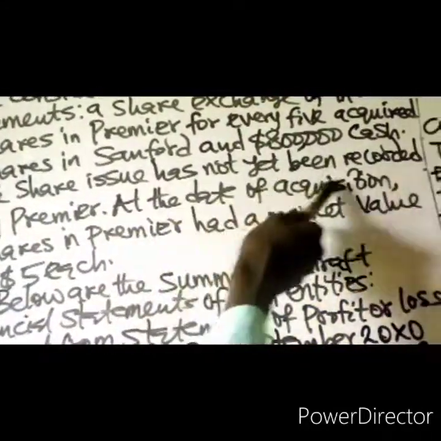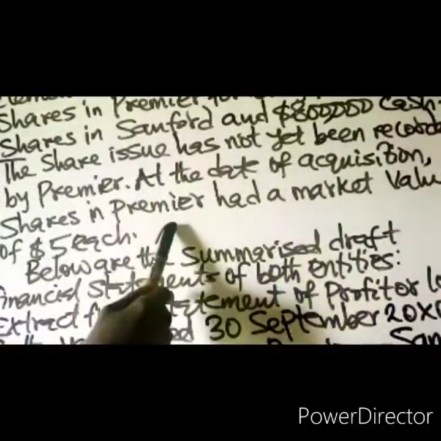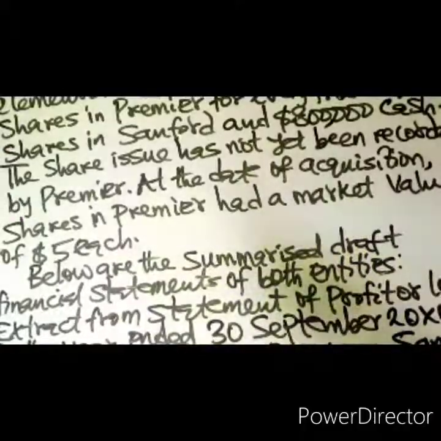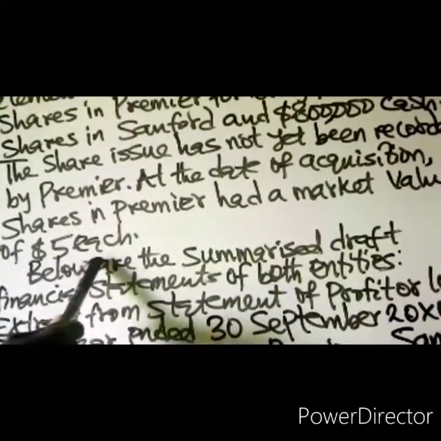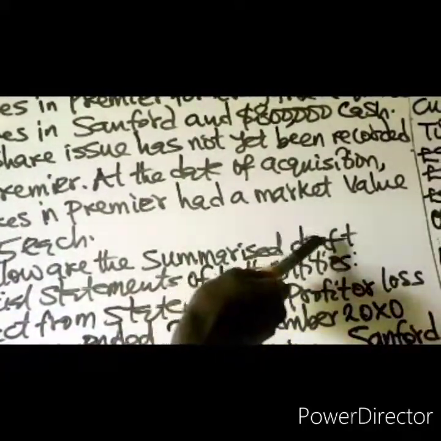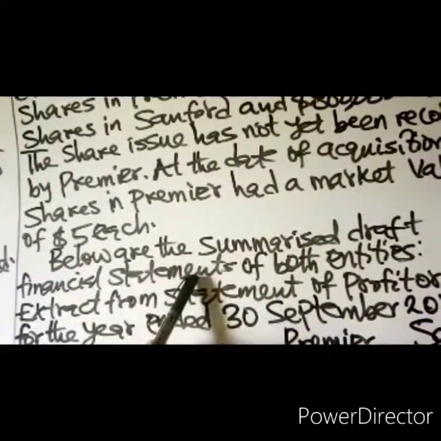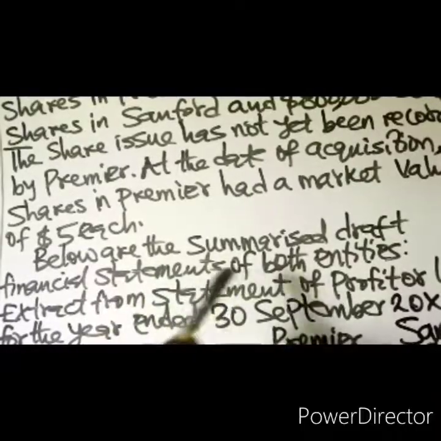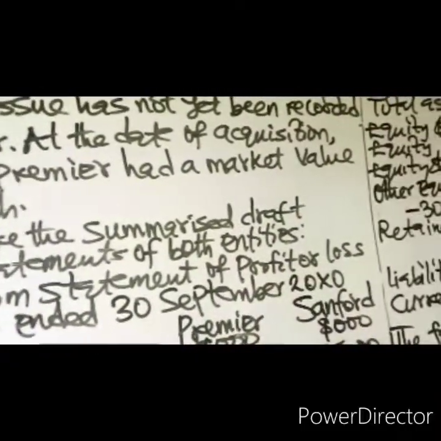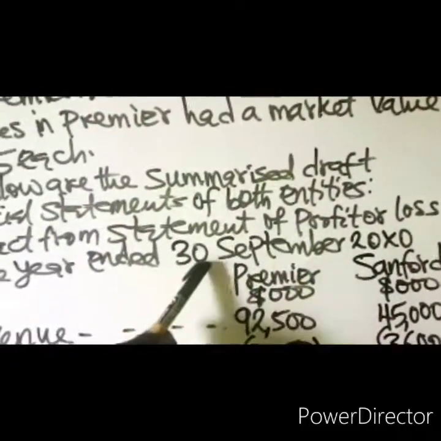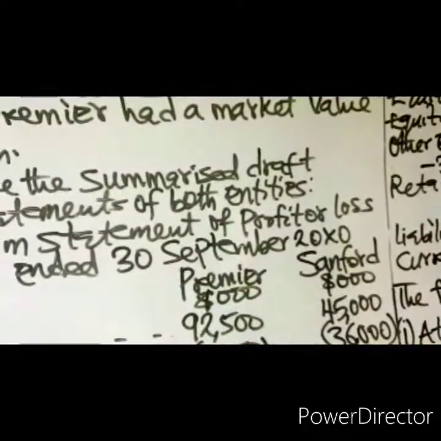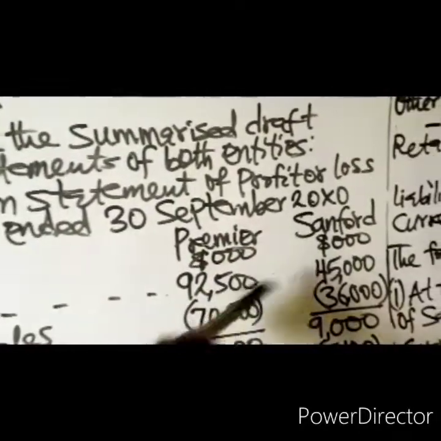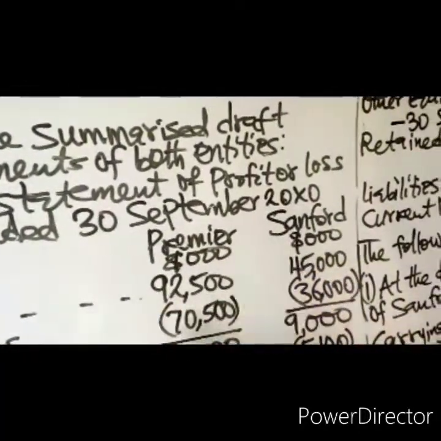At the date of acquisition, shares in Premier had a market value of $5 each. Below are the summarized draft financial statements of both entities. Extract from statement of profit or loss for the year ended 30 September 20x0. We have Premier and Sanford. All figures are in thousands.